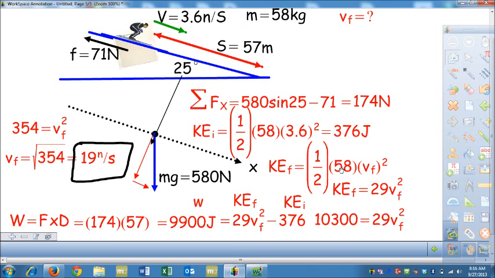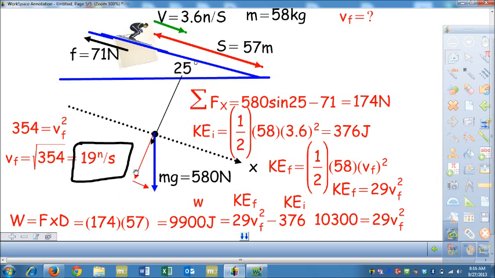So just to review, the whole story is really about work equals kinetic energy final minus kinetic energy initial. And work is force times the component of the distance that is in the same direction as the force. I mean, the component of the force that's in the same direction as the distance moved.